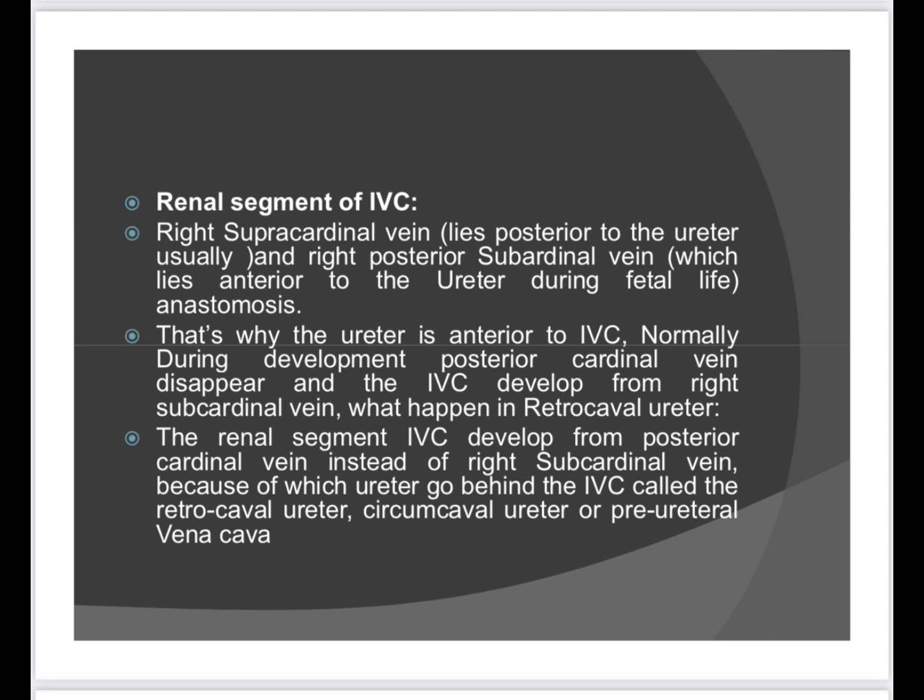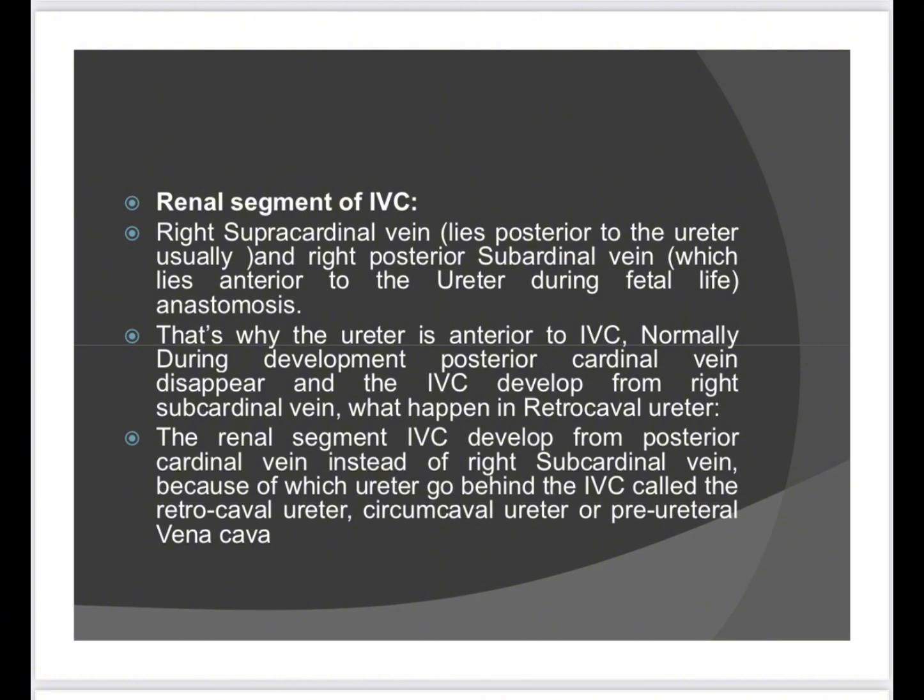So the renal segment of the IVC develops from two veins: one is called the right supracardinal vein and the other is the right posterior subcardinal vein. From the anastomosis of these veins, the renal segment of the IVC develops. That's why it's important to understand these two veins, the right supracardinal vein and the right posterior subcardinal vein.